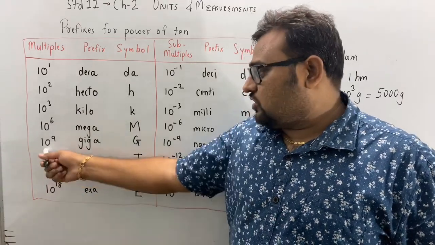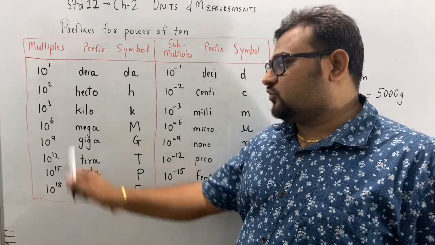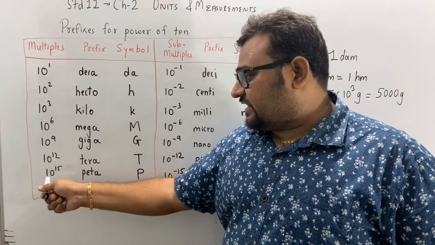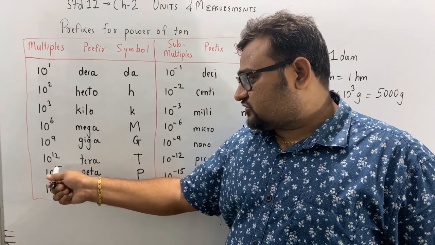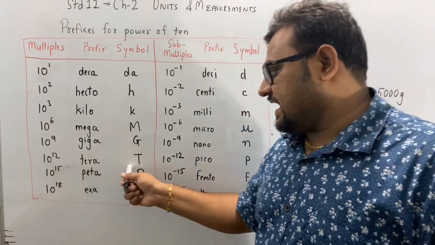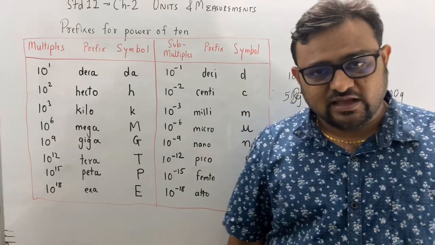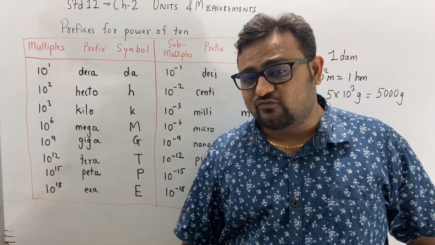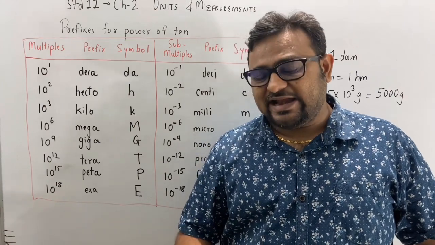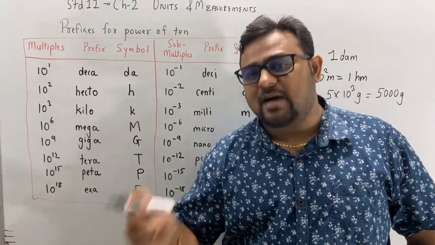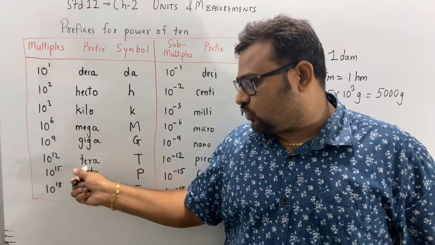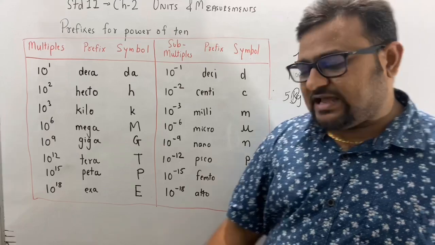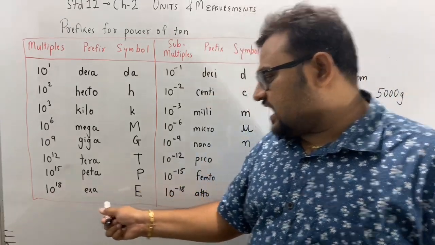So 1 GB is equal to 10 raised to 9 byte. 10 raised to 12 is tera, T. You might have heard that people use an external hard disk of 1 TB, that is 1 terabyte, 10 raised to 12. 10 raised to 15 is peta, P. 10 raised to 18 is exa, E.